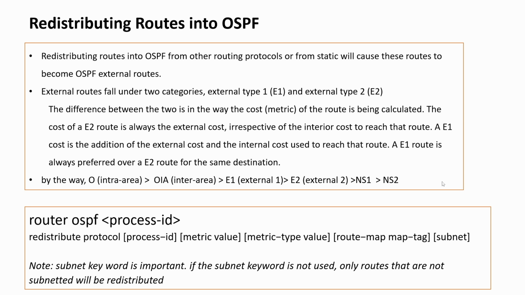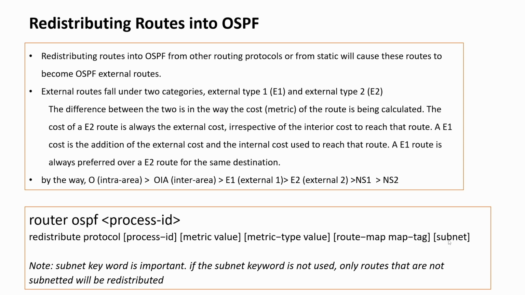So how do we do this on a Cisco router? Below is the command. Under router ospf process ID, the command is redistribute protocol, with the protocol ID. Then you can give the metric and also the metric type, which can be E1 or E2. Next you can use a route map to control which routes can be redistributed into OSPF.